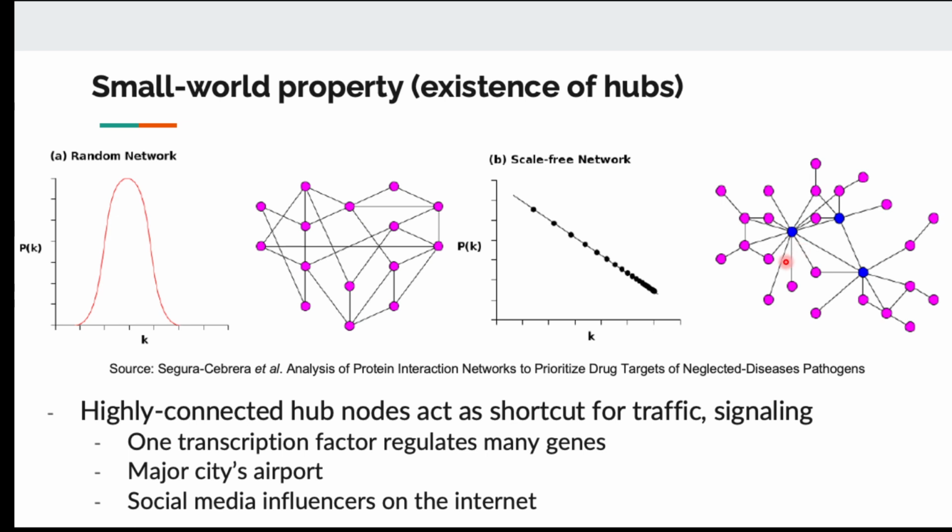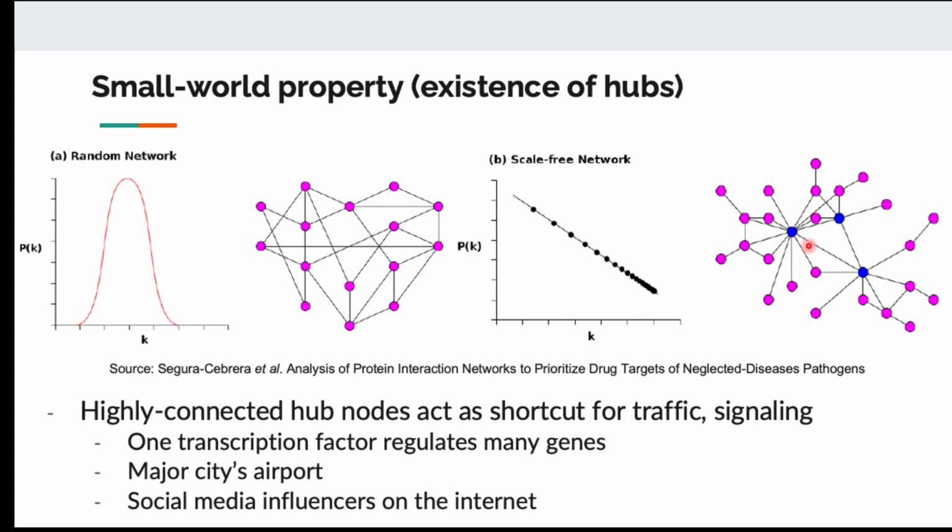So in a biological example like this, the hub might be a transcription factor. But in the real world, we might think of this hub as a major city. Different airlines want to stop in a major city, and you can change to a different airline. Or if you think about social media, if you have a famous influencer, that person can spread information or reach many other people on the network.